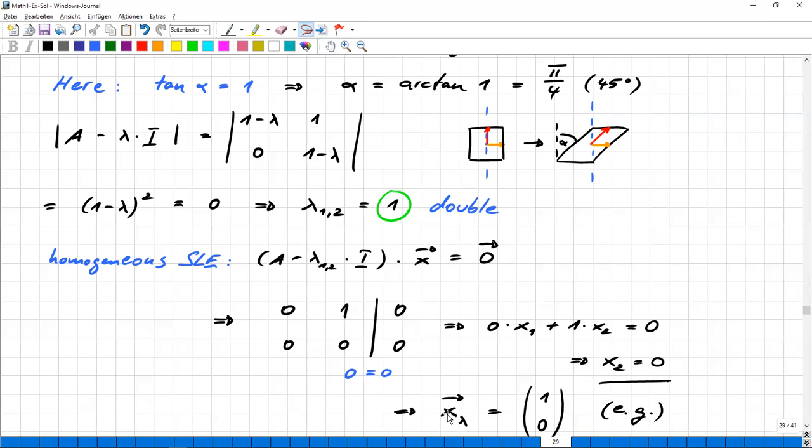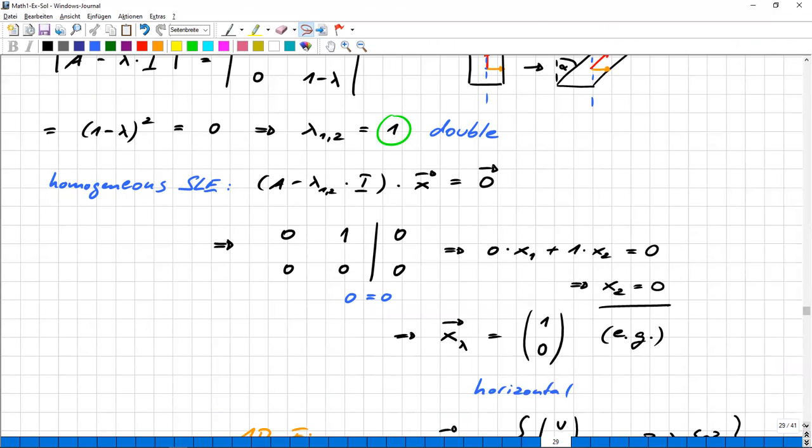And so in the end, we can say eigenvector, I say lambda, this index is then the value of the eigenvalue, the actual eigenvalue. I could also say x vector 1, but then the 1 would not denote any component. It would denote the value of the eigenvalue, sorry. Anyway, the important point is that this vector 1, 0, which fulfills this equation, is already a valid eigenvector for this eigenvalue 1.